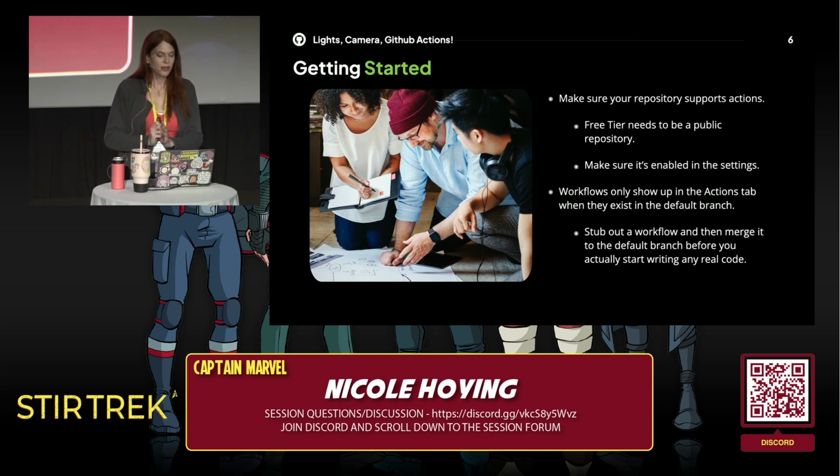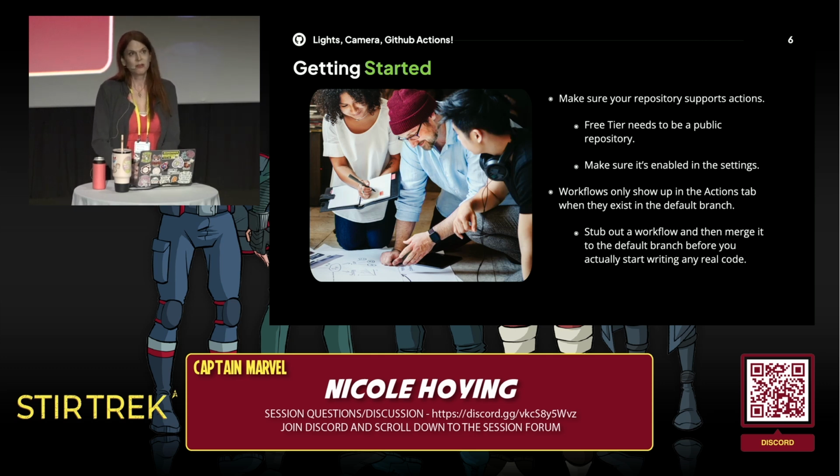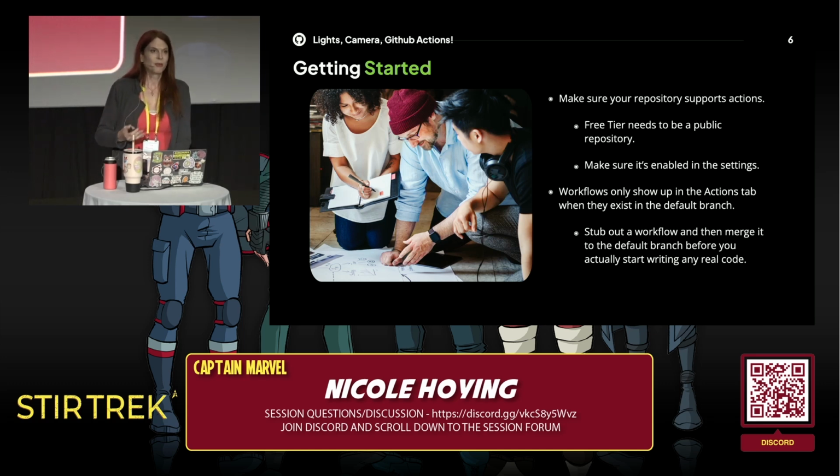All right, so you are ready to get started with GitHub Actions. There are a few things you need to do before you get started. The first thing is to make sure that your repository supports actions. If you have a free tier account, it needs to be a public repository. GitHub won't let you execute actions on a private repository unless you're starting to pay for something.